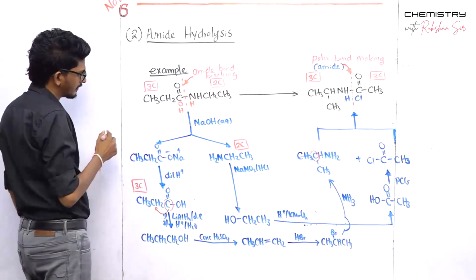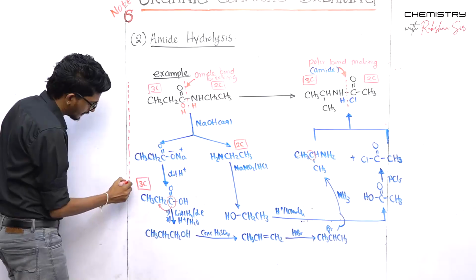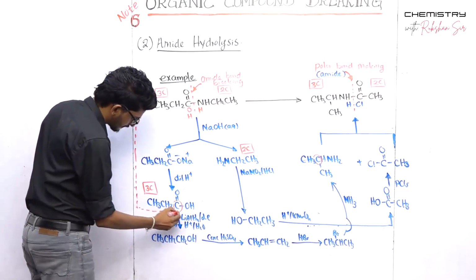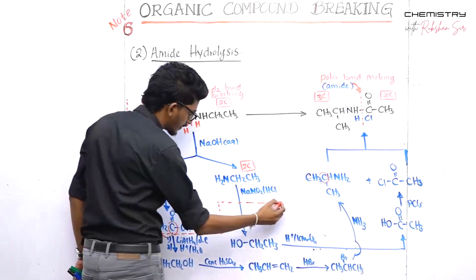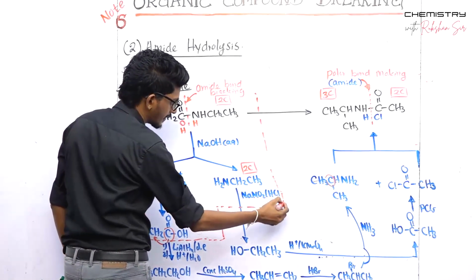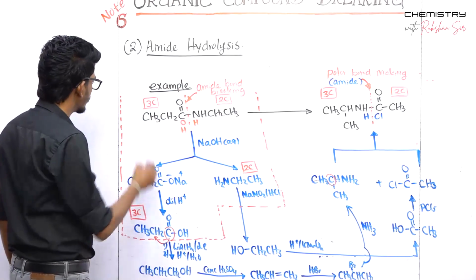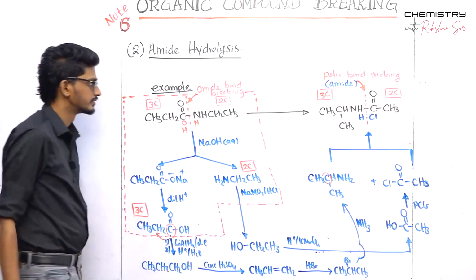So basically what we have learned today is this procedure, right? How to do the ester and the amide bond breakings, right? Here it's kind of an amide bond breaking.